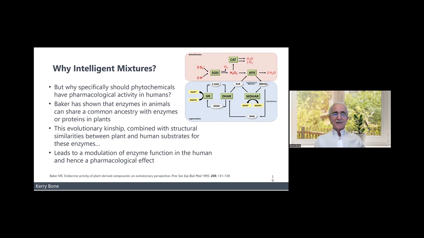So naturally, if the enzyme has made the glycyrrhizin, there's going to be a potential interaction of glycyrrhizin with parallel or similar enzymes in the human body. So this leads to modulation of enzyme function in the human, and hence a pharmacological effect. There's also an Australian researcher called Rod Quinn at Griffith University in Brisbane, and he has done similar work and published in this area as well.